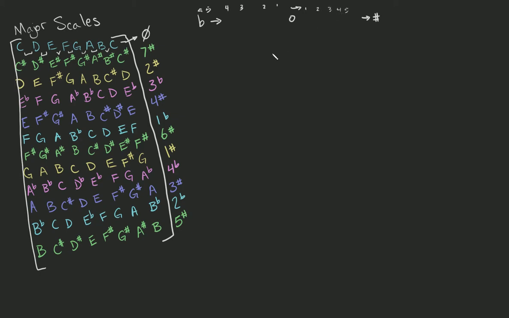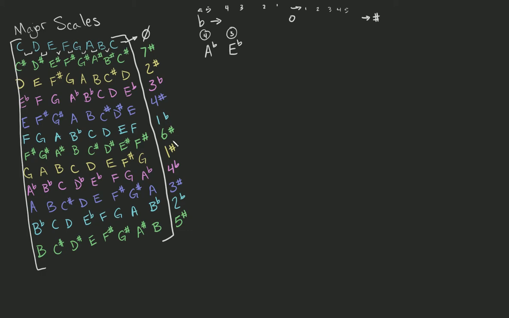So if we do that, we get this. We will do 4 flats as A flat major, and then 3 flats, which is E flat major.